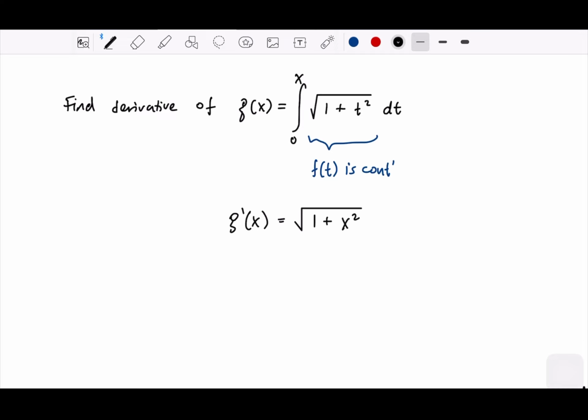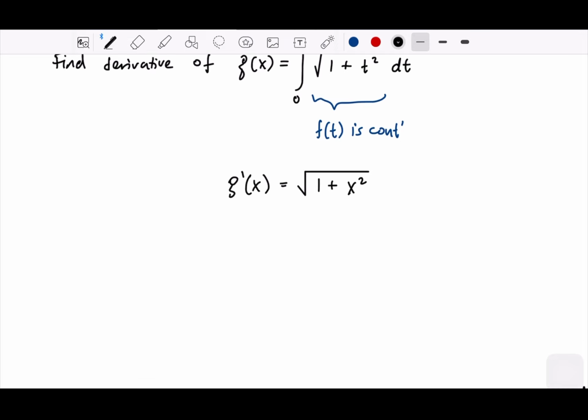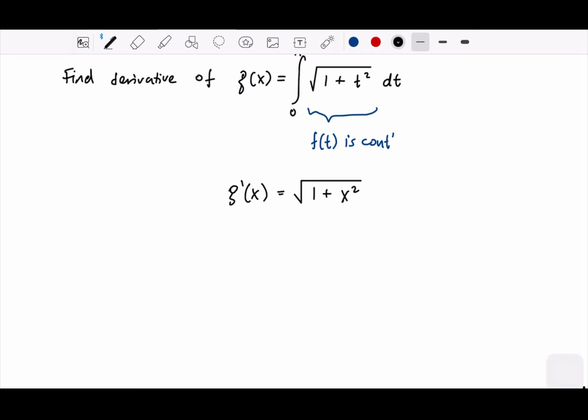Now, what will happen if I change the equation? For example, let's make h of x, and instead of just x, we are using from 0 to 2x. What will be the first derivative?